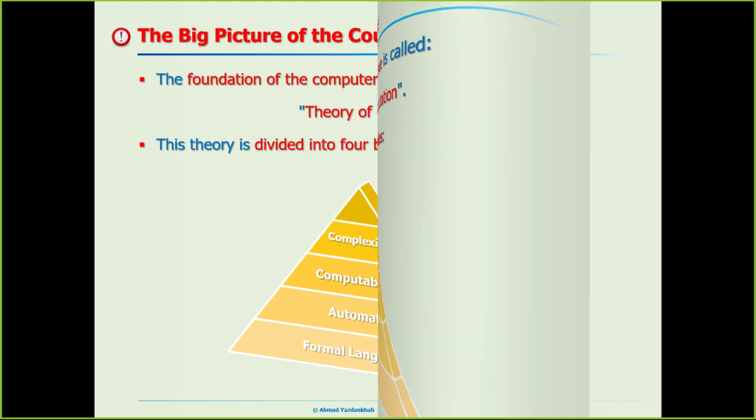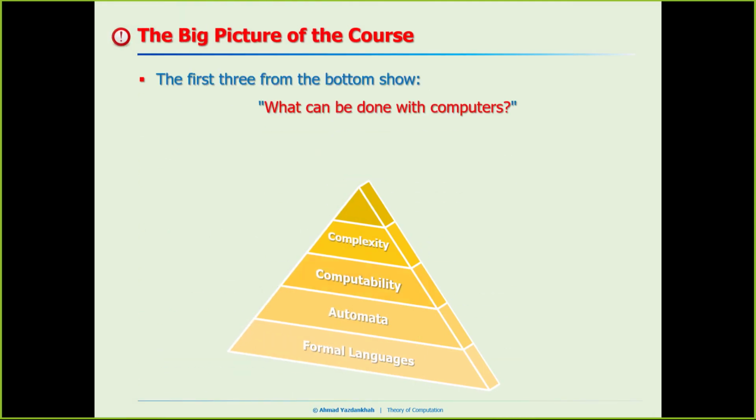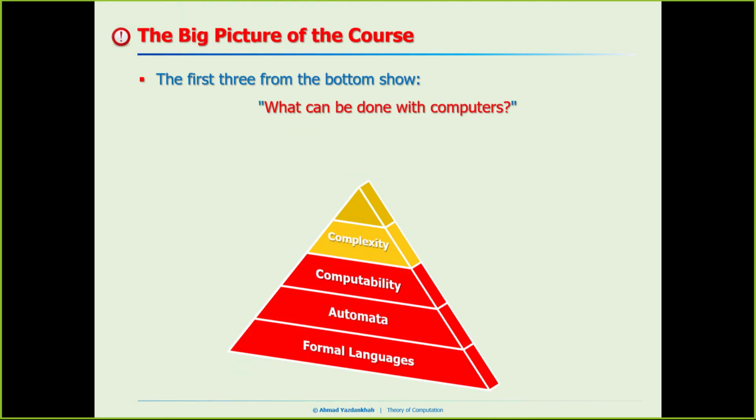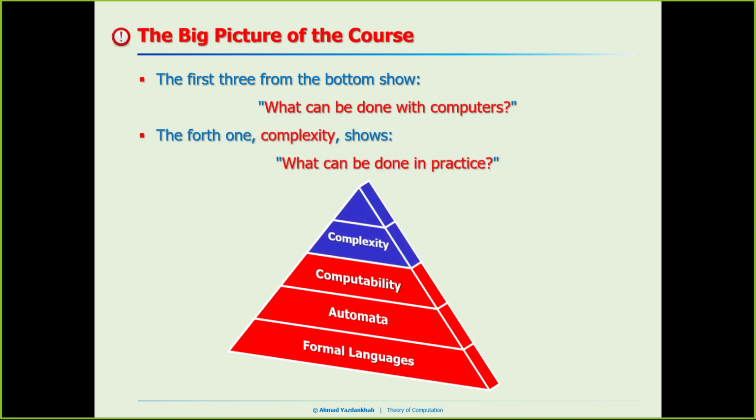And you remember we said the three from the bottom give us an idea what can be done by computer, what kind of problem we can solve by computer. And the complexity theory gives us an idea of which kind of problems are tangible or practical.